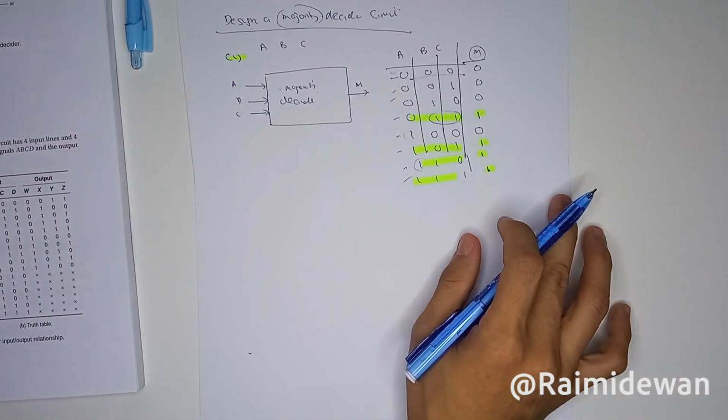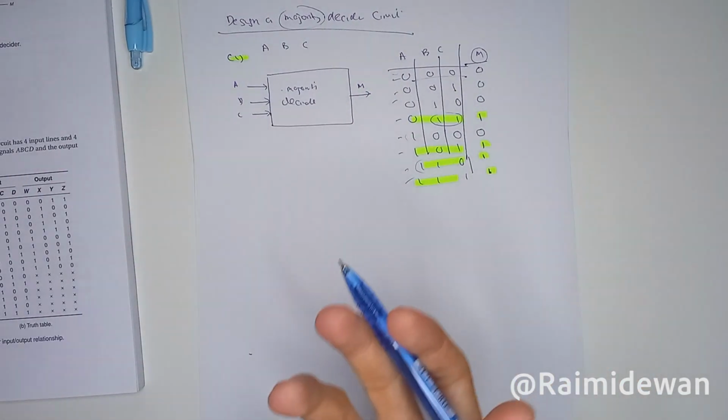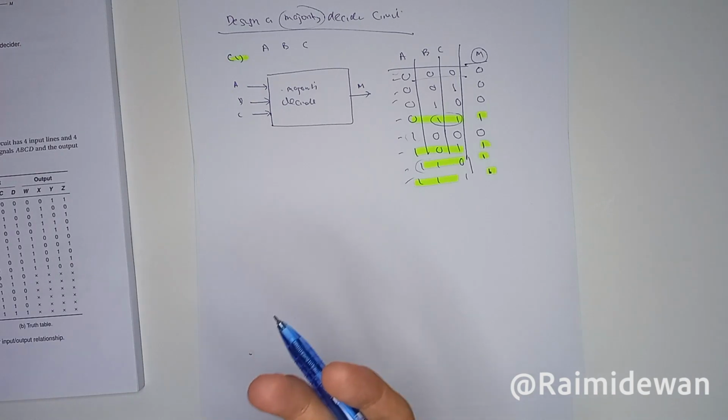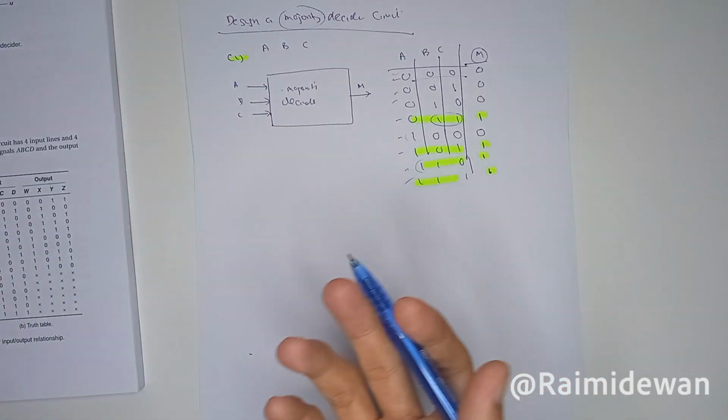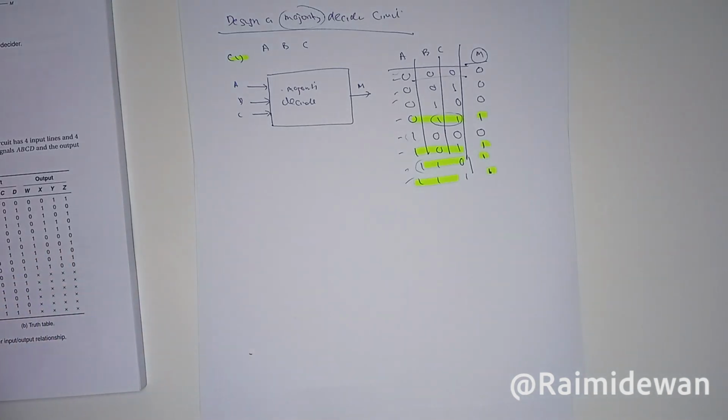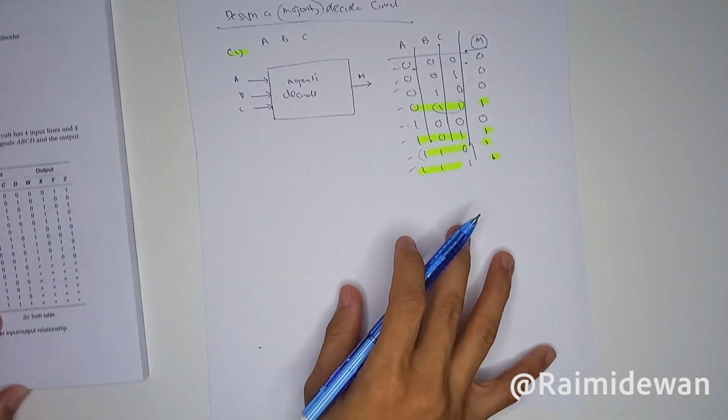From the equations, we try to obtain the equation from the K-map, or we try to solve it using Boolean algebra. You can use either one or both of them, up to you, as long as you get the simplified equation.